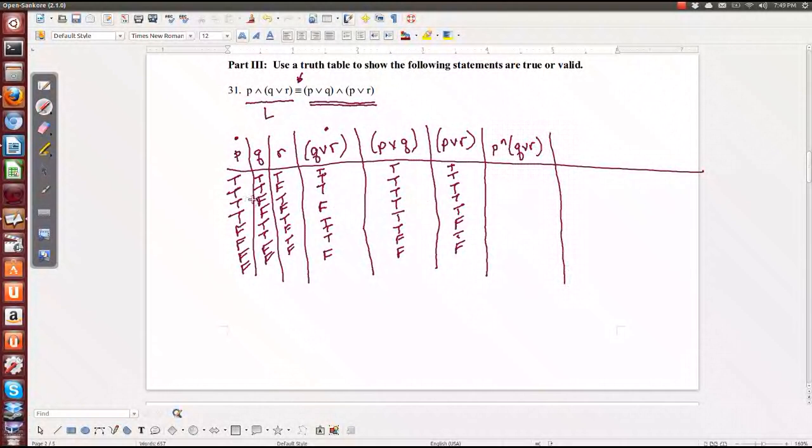So when I compare these 2 columns, I notice in the first 3 rows, they're both true. The 4th row I have a false, and 5, 6, 7, 8 I have a false. So I'm only going to have 3 trues and 5 falses.